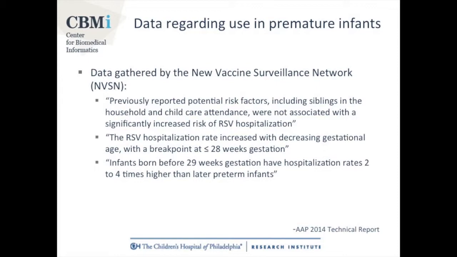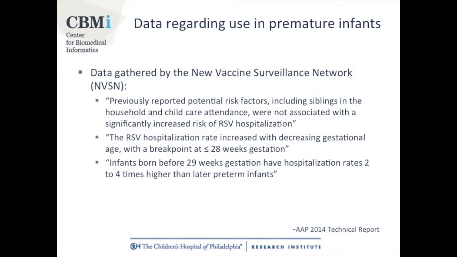Additionally, the RSV hospitalization rate increased with decreasing gestational age, with a break point at less than or equal to 28 weeks gestation. In other words, those infants who were more preterm, who had a lower gestational age at birth, were at higher risk of hospitalization from RSV. And again, the intention of the palivizumab series is to prevent serious lower respiratory tract infection with RSV.